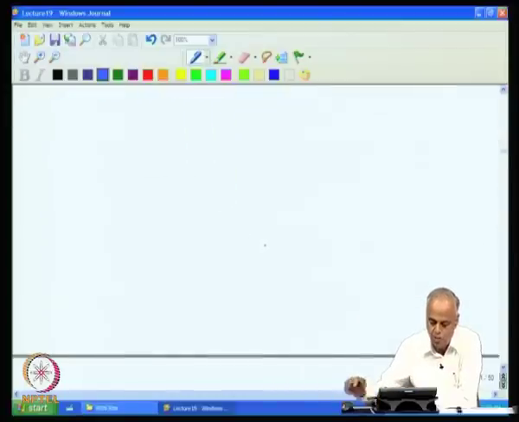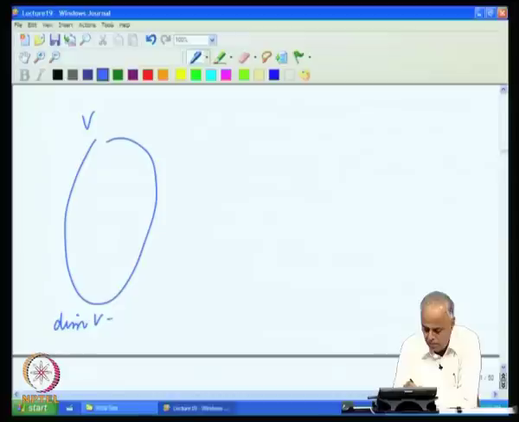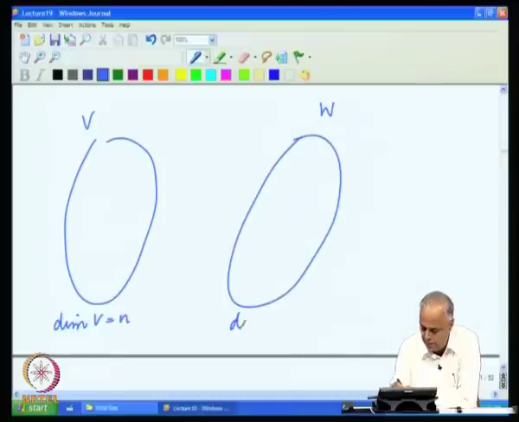So, suppose now we have V finite dimensional, say dimension of V is n, and say W finite dimensional, dimension of W equal to m, and T is a linear transformation.